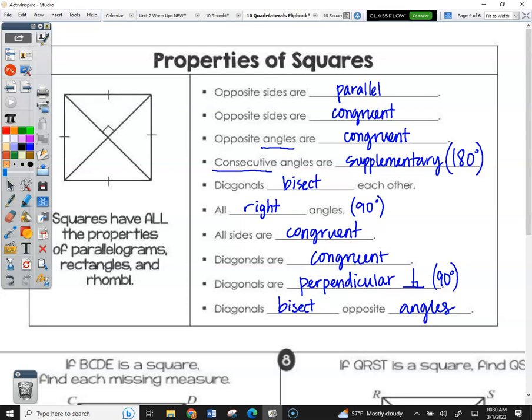Okay, so there is a ton of information here on squares, right? We can't label all of that in our picture because then the picture is going to be overwhelming and confusing. So we're going to label the easy to forget properties, or the ones that are the most challenging.